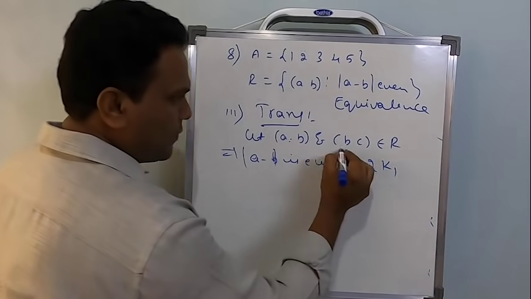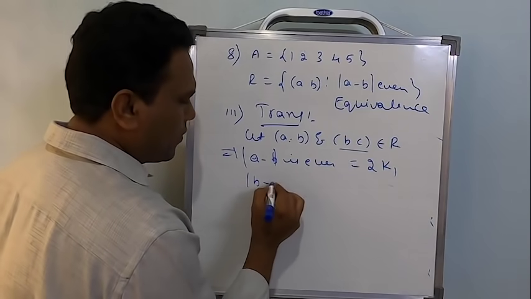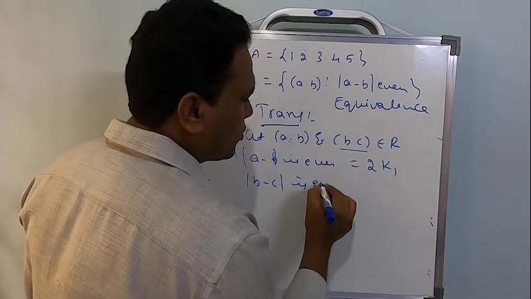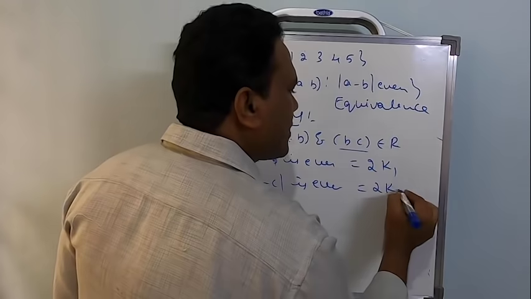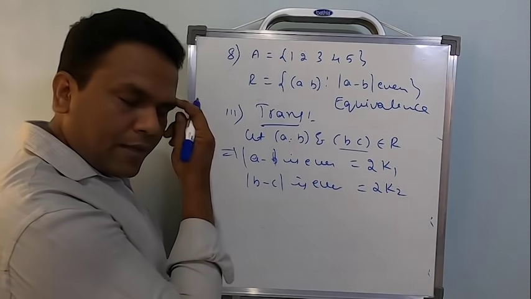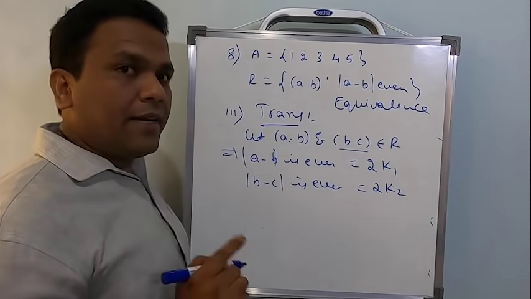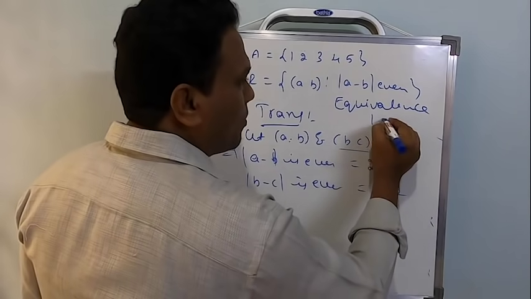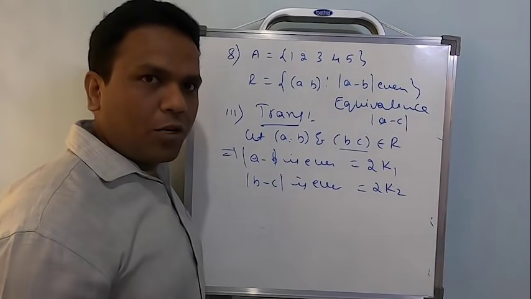Next, if (B, C) belongs to R, then mod of B minus C is also even. Let me take it as 2k2. Finally, I need to check that mod of A minus C is also even.